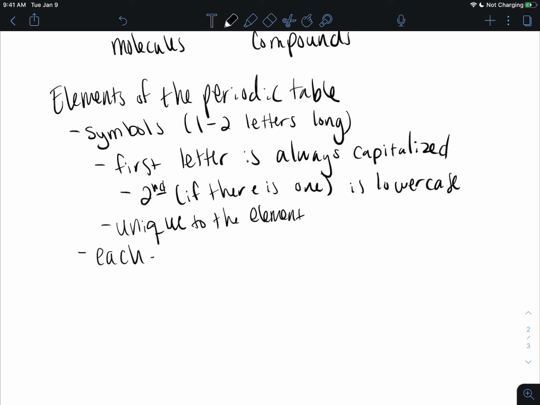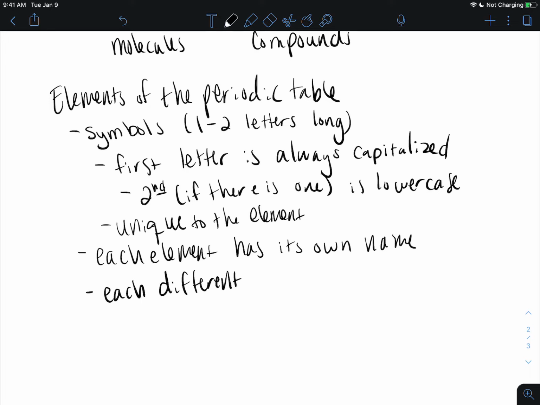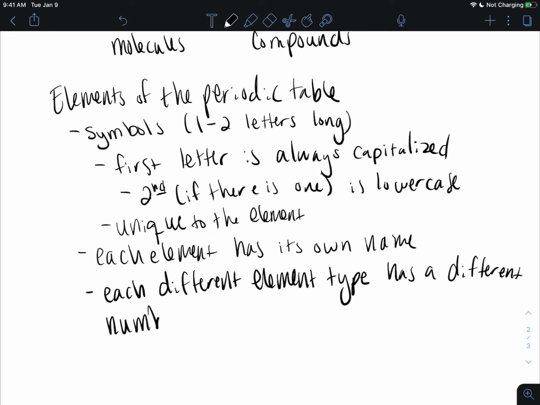So each element has its own name. The thing that differentiates our elements from each other is the number of protons. So each different element type has a different number of protons.